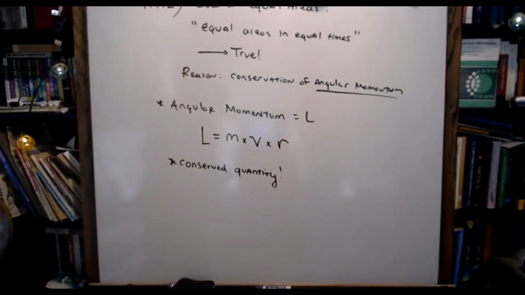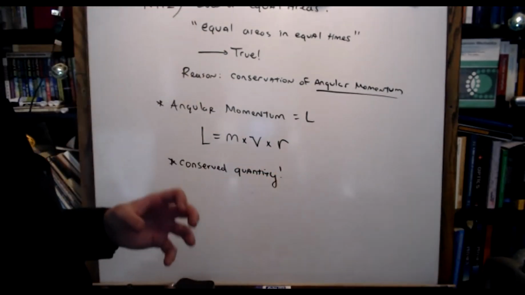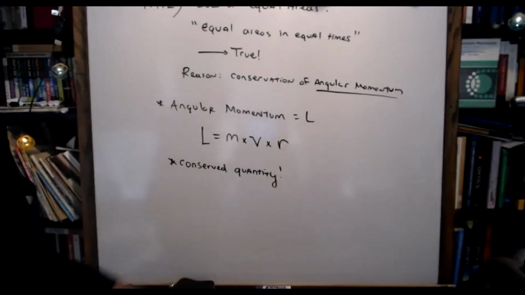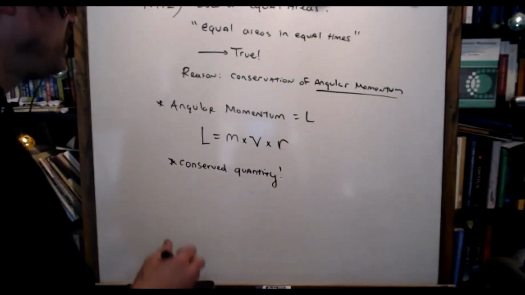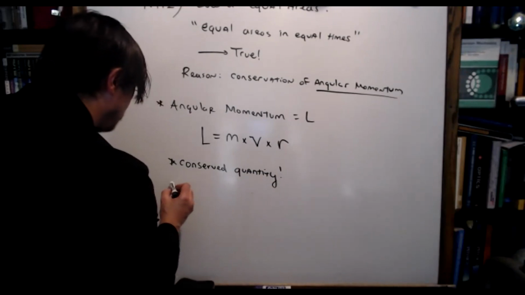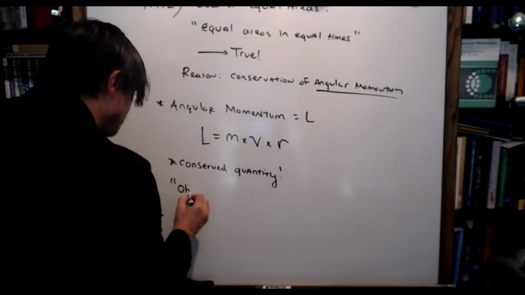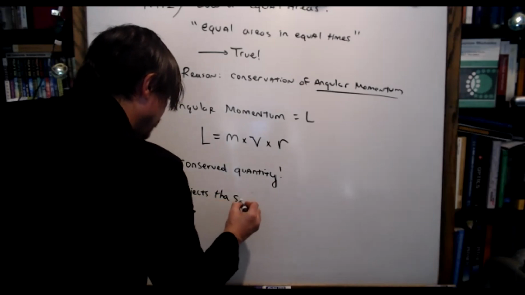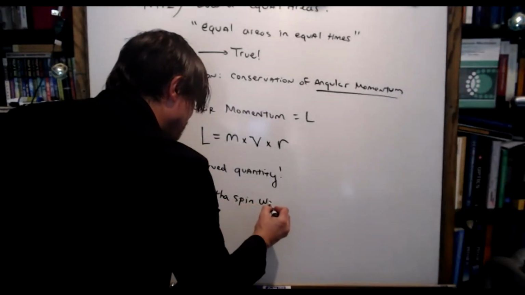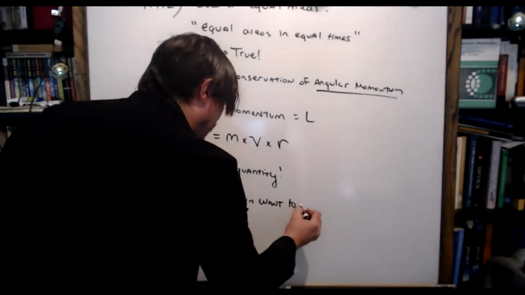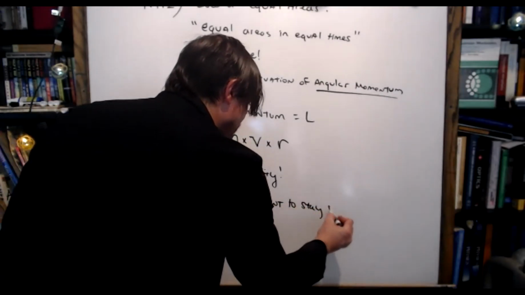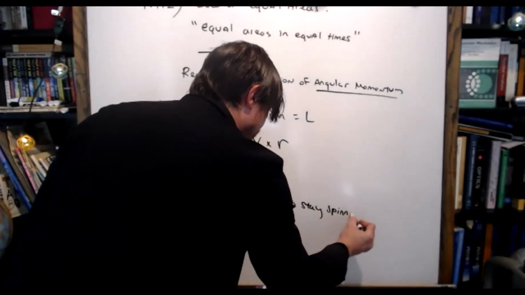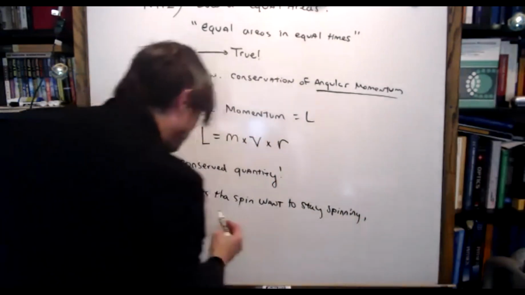Because it's a conserved quantity, you get Nostradamus-like powers, and you can predict what will happen when the system changes. One of the concepts behind angular momentum goes something like this. Objects that spin want to stay spinning and in the same direction.